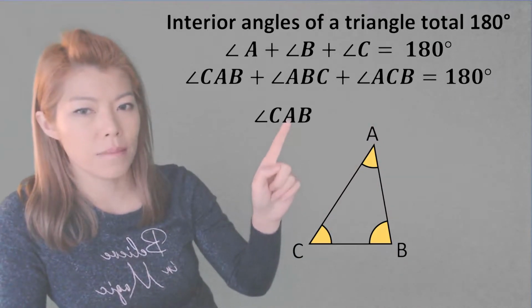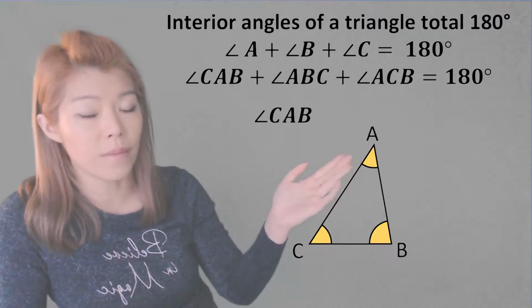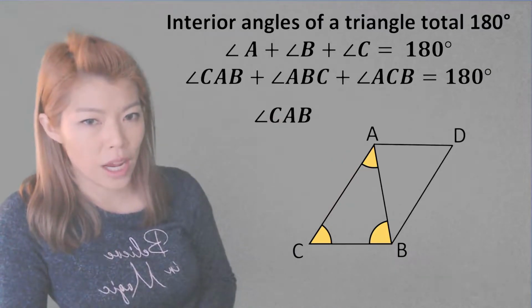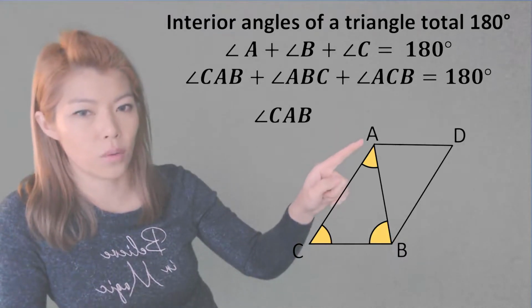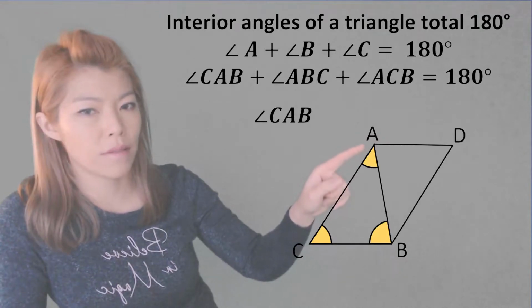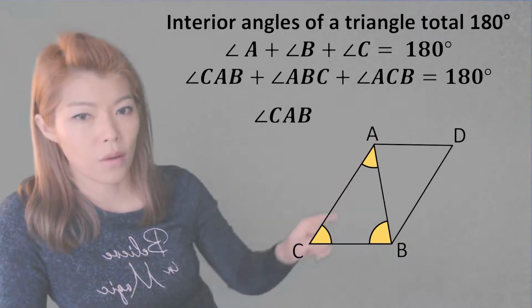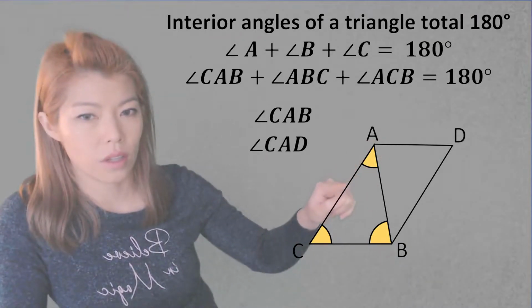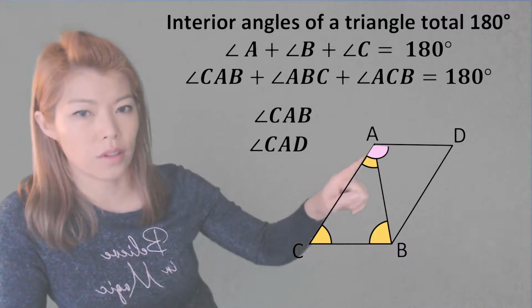So if we only need the middle letter, what's the point of having the two letters on the side, you might wonder? Well, if we had a different shape, for example, and we had that vertex or corner that we were referring to, we have to specify which part of the angle we're talking about. For example, if I wanted the whole angle, so this CAD, then I would have those three letters.